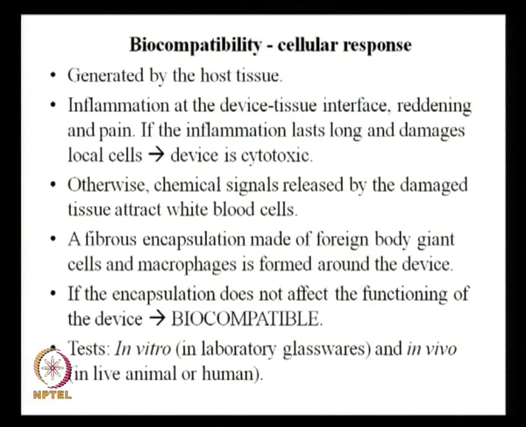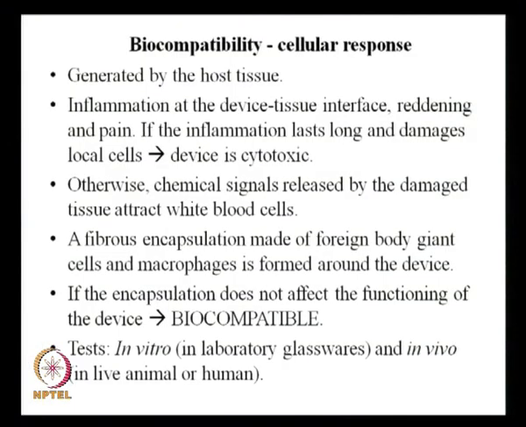Once you put the device, you have to ensure that the cells around it, the body cells that are around this device, should not get destroyed. So, this cellular response is generated by the host tissue.